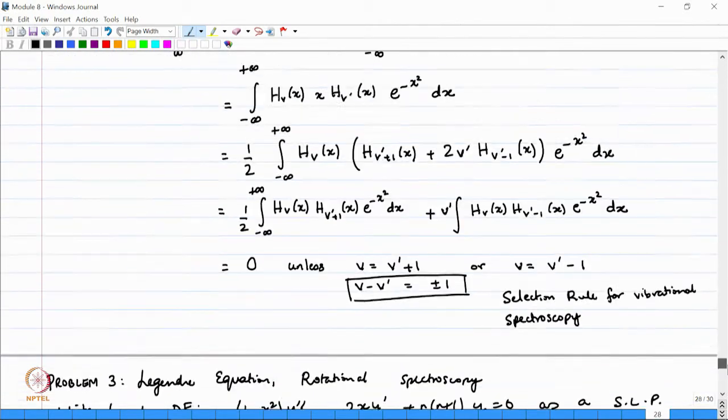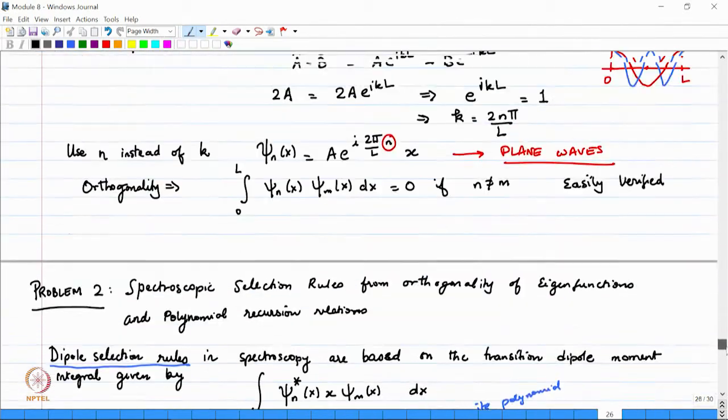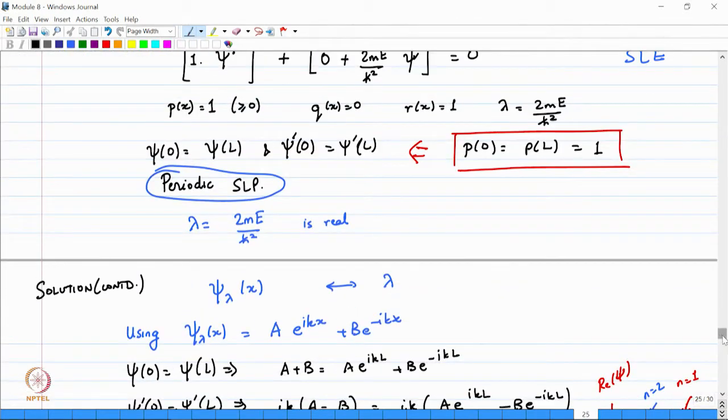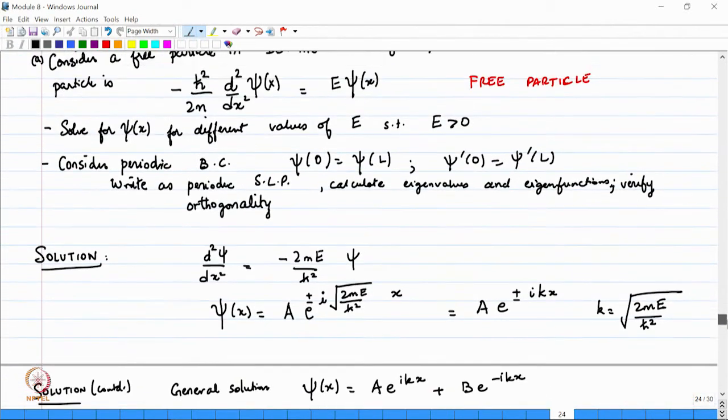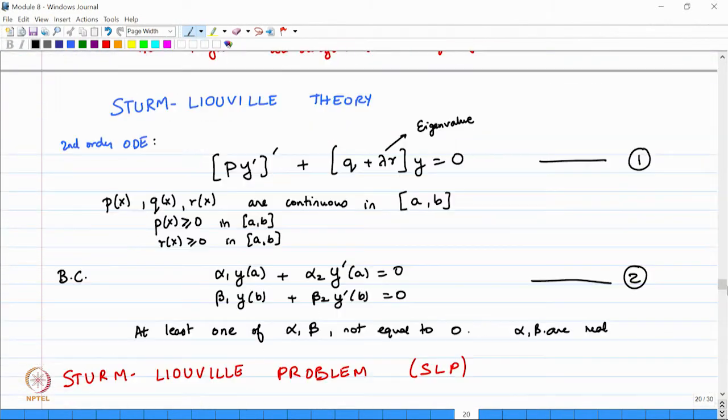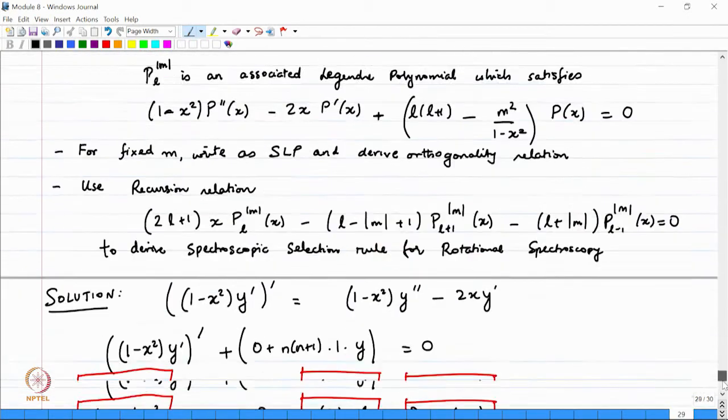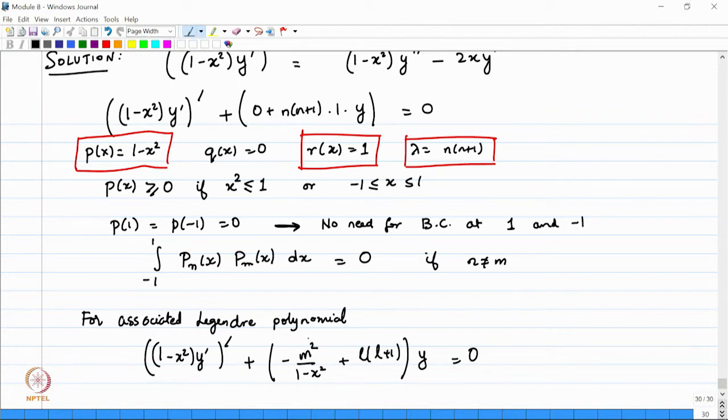So now remember the Sturm-Liouville problem conditions. If you go back to the previous lecture, the condition is that p should be greater than or equal to 0, and r of x should be greater than or equal to 0. There is no condition on q, it can be anything. In this case q is actually negative.